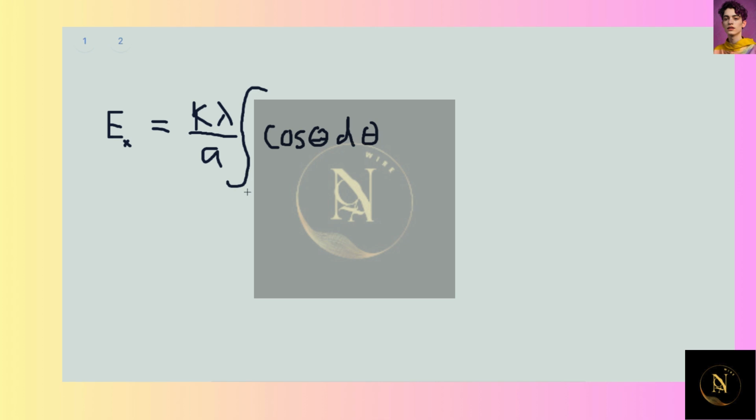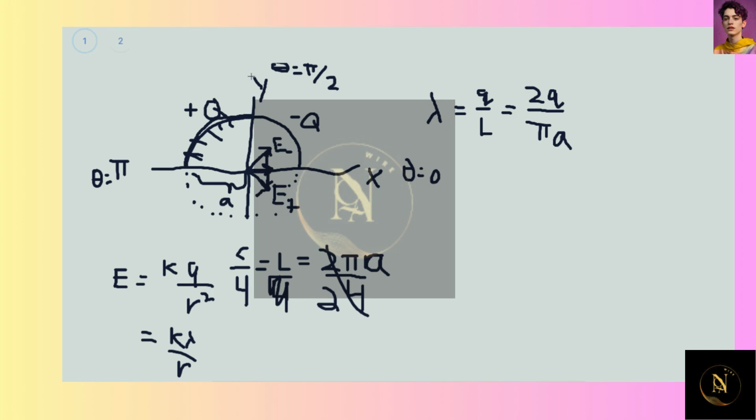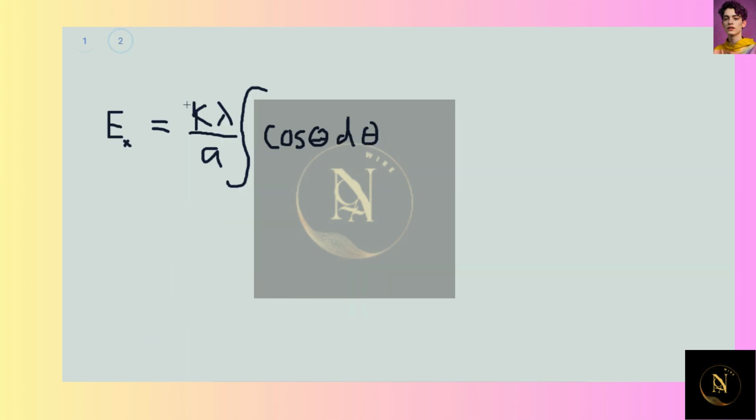Now we have to figure out the bounds. If this is going to be our positive contribution, this is going to be from pi over 2 to pi, right? So this is what our integration bound would be, pi over 2 to pi.